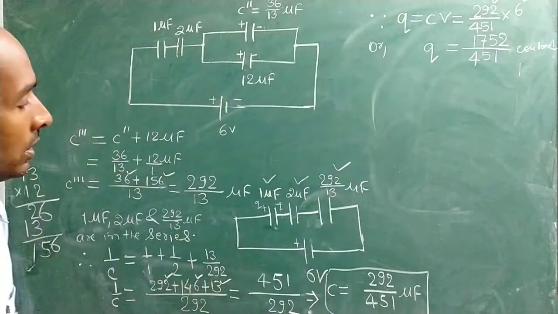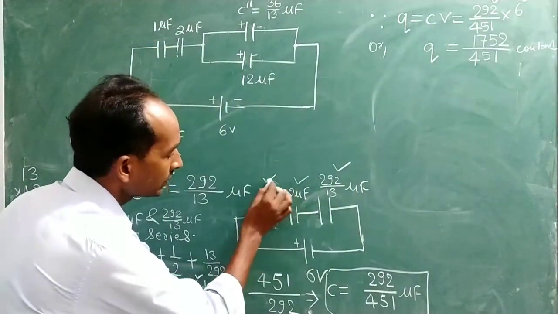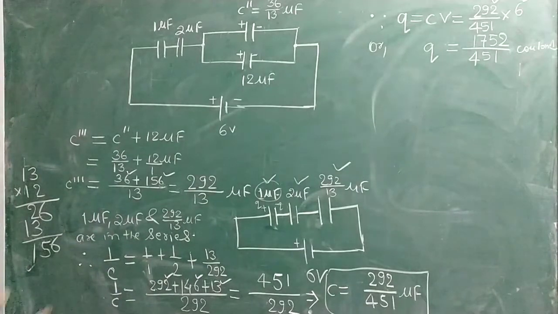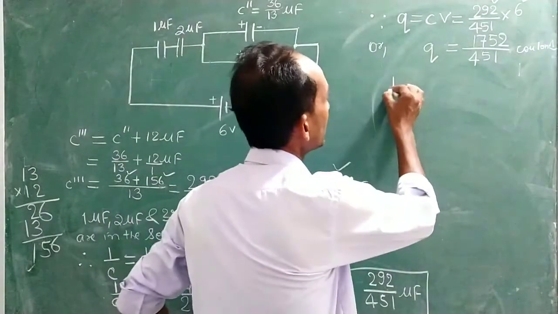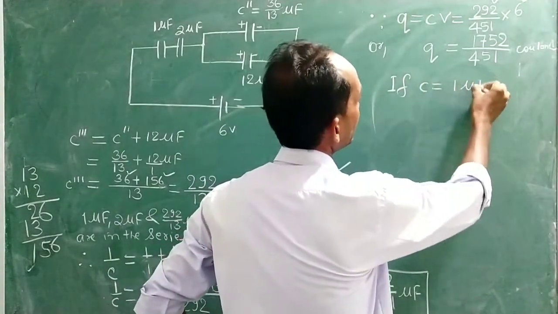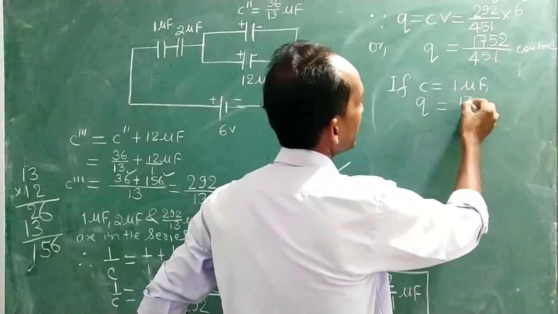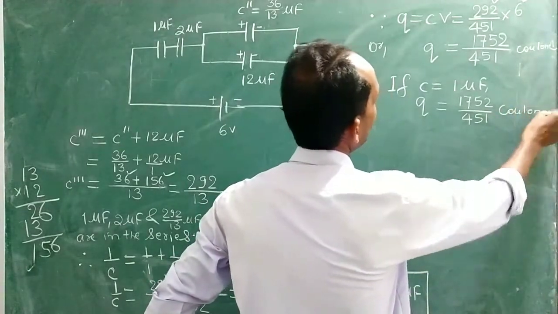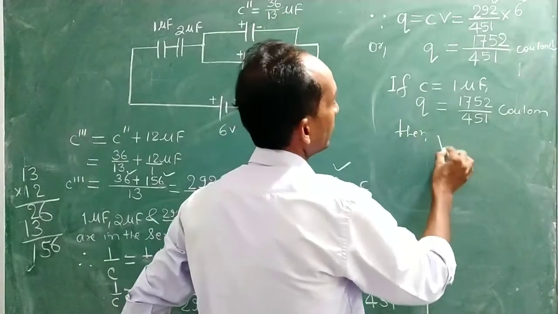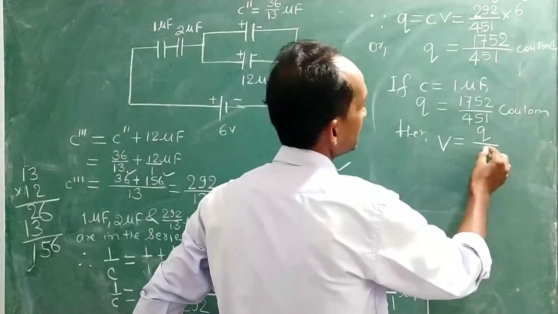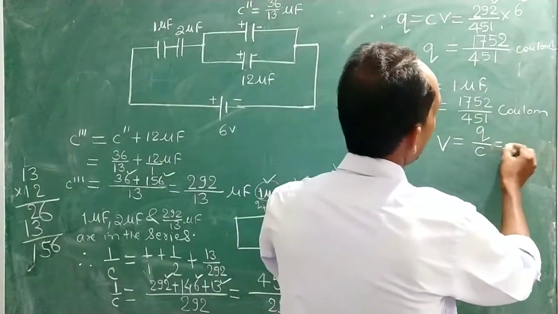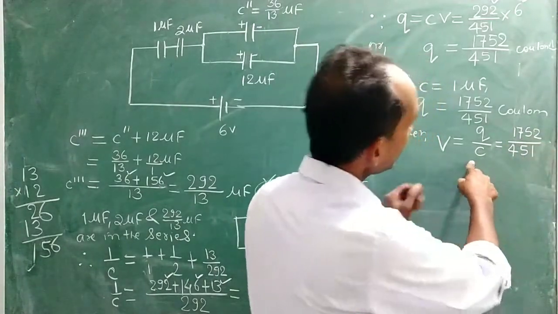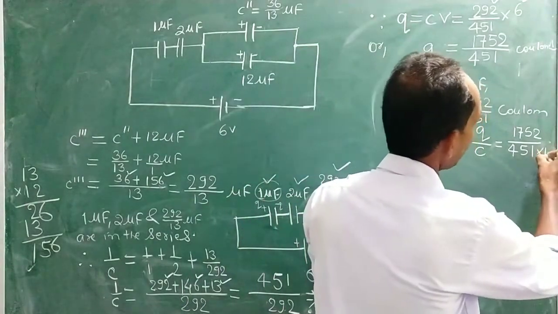Now, since the capacitance of this capacitor is 1 microfarad, if C equal to 1 microfarad, Q equal to 1152 divided by 451 coulomb, then V equal to Q by C, which is 1152 divided by 451 and divided by C. C means 1 microfarad.